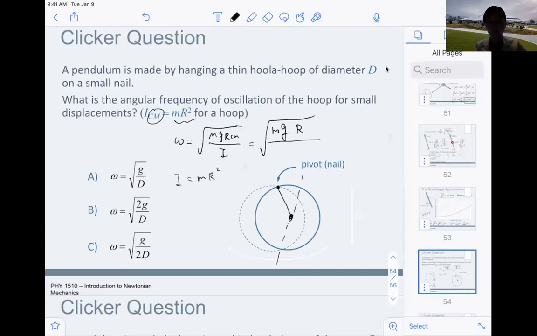But now it's rotating relative to one end right here, just like the stick. So we need to use the parallel axis theorem to add m times the distance between these two axes, which is r. So it turns out we need to use 2mr squared for the I.